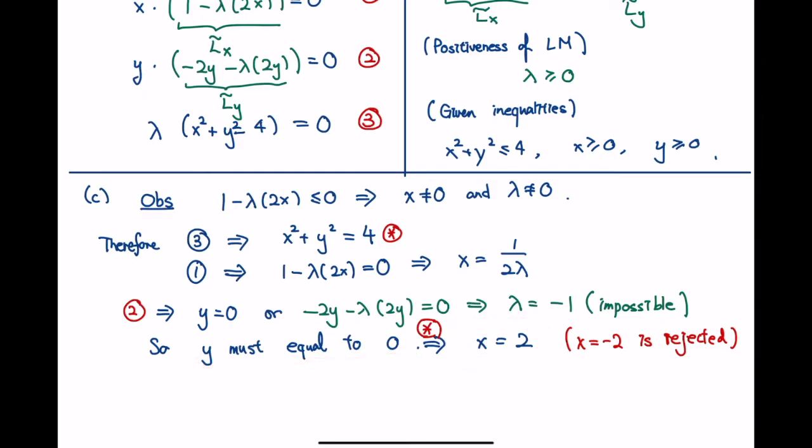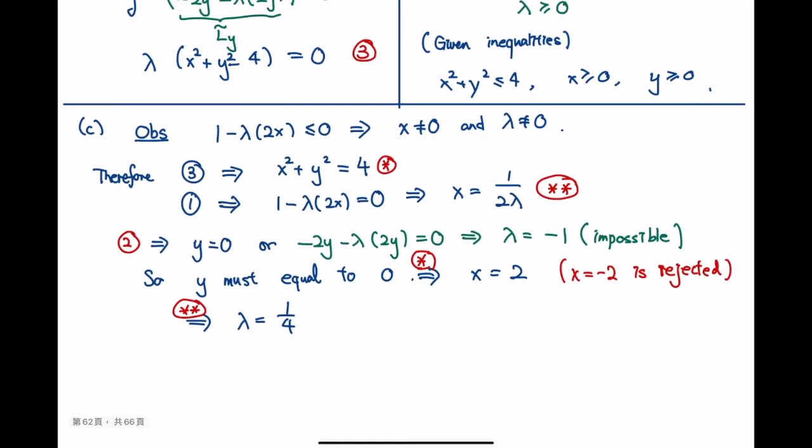So what is missing is lambda. Well, according to this equation, let me call it double star, lambda equals 1 over 4. Hence, we obtain only one solution: x, y, lambda equals 2, 0, and 1 over 4.